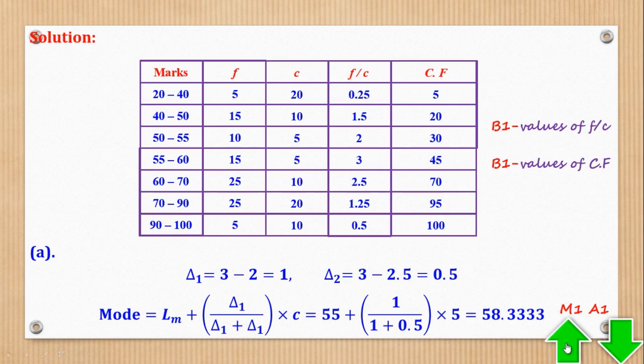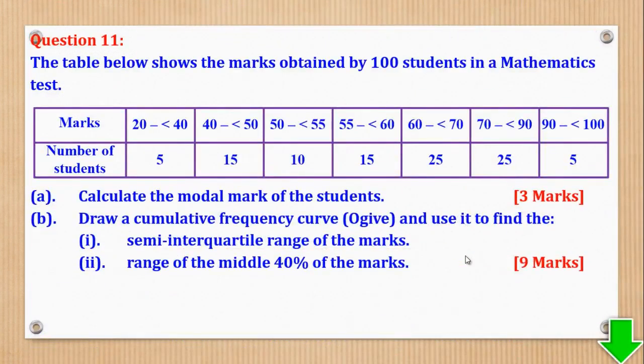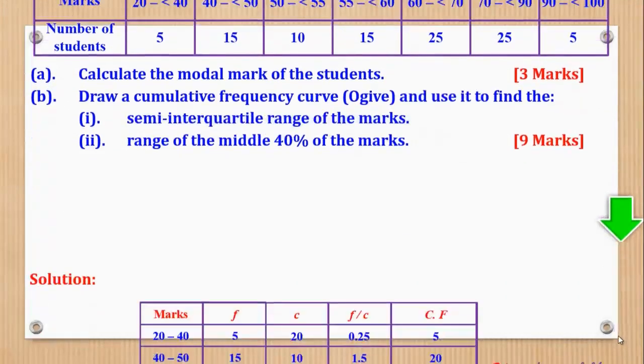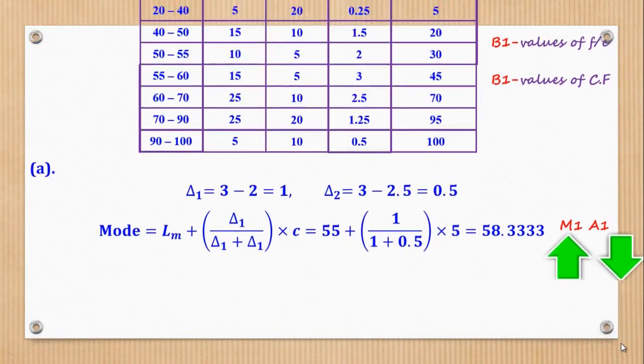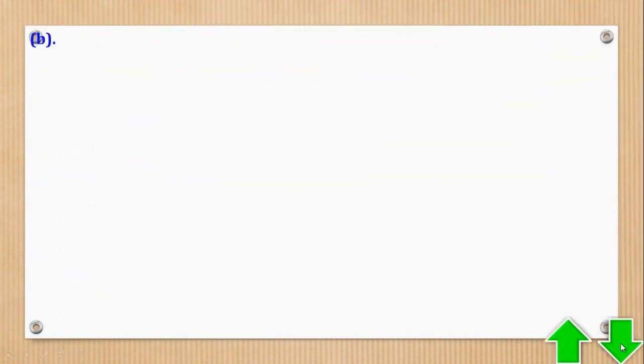Part B, they want you to draw a cumulative frequency curve. There we need graph paper by all means. So come and get graph paper.